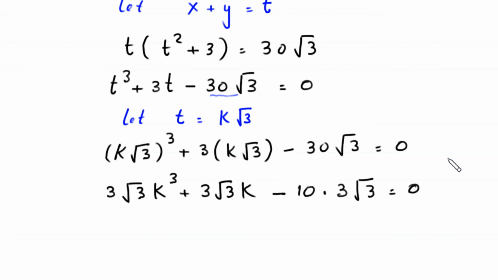Now we can divide the whole equation by 3 times root 3. So this will become k cubed plus k minus 10 equal to 0.